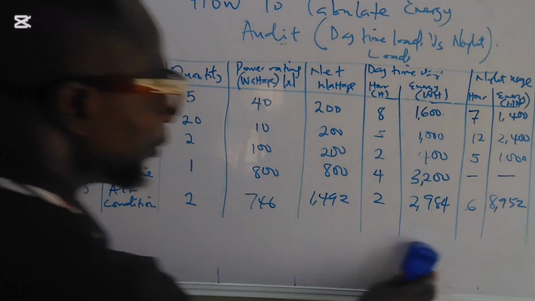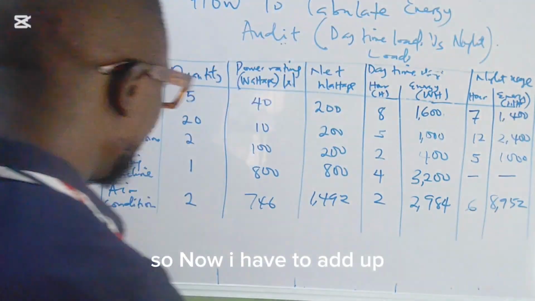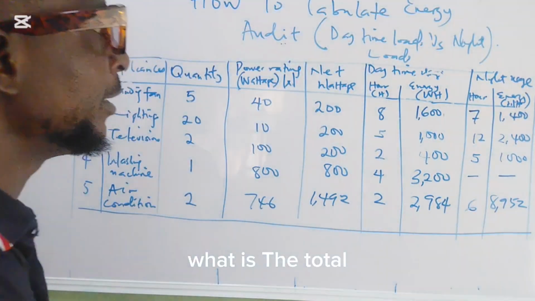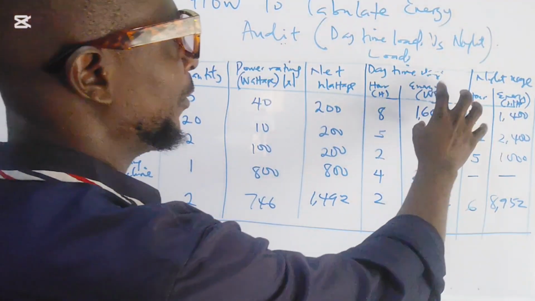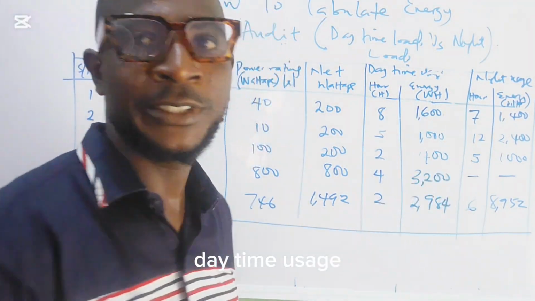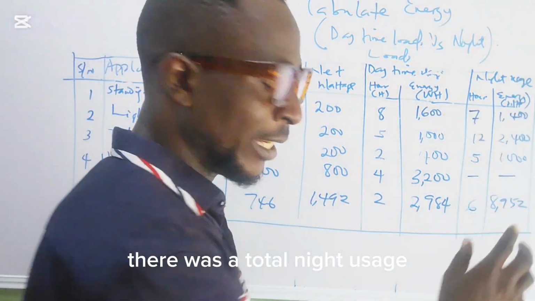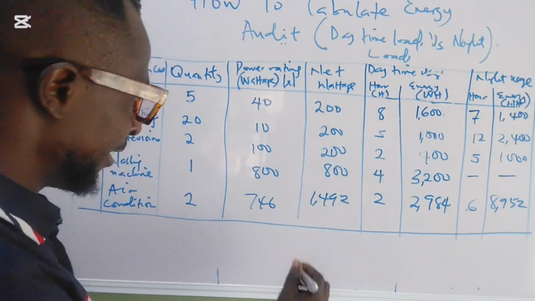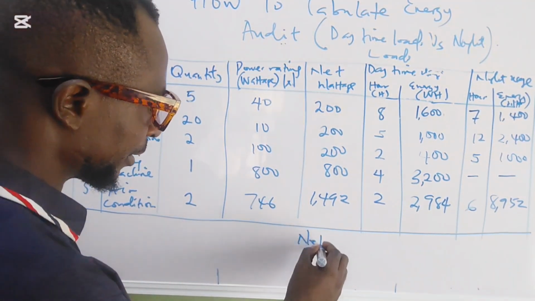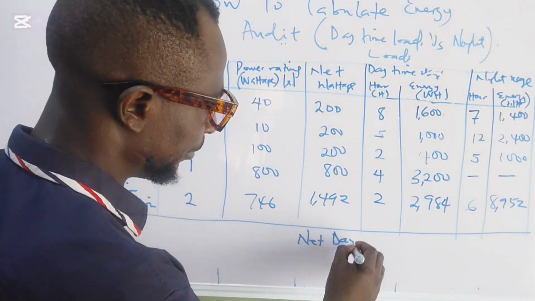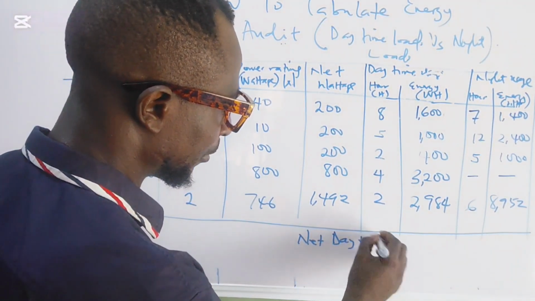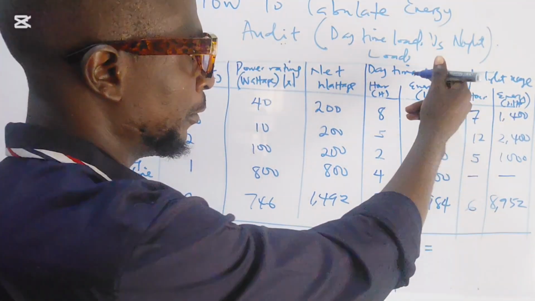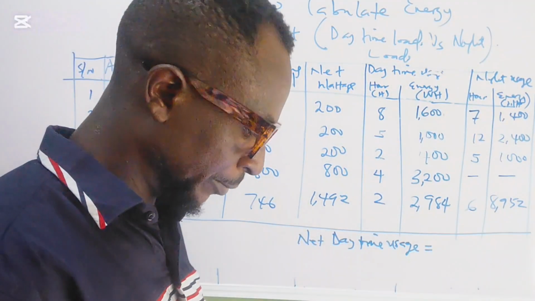Now, what is the next thing? So we now have to add up everything. What is the total daytime usage? Then what is the total night usage? Are we getting it? Then the net daytime usage is equal to what? You add up all this together.